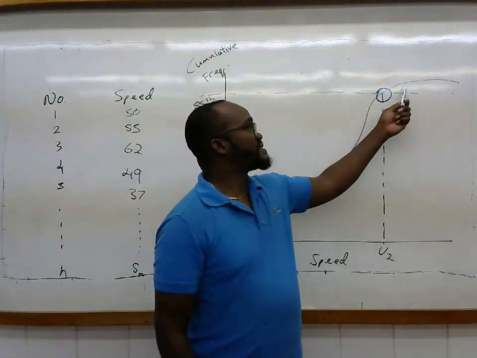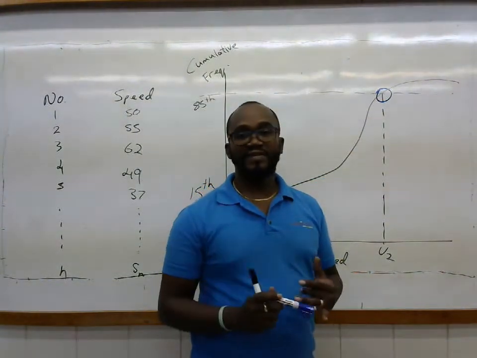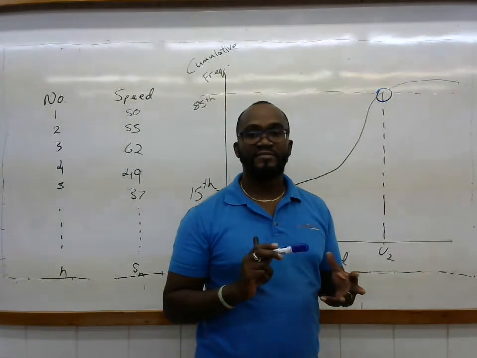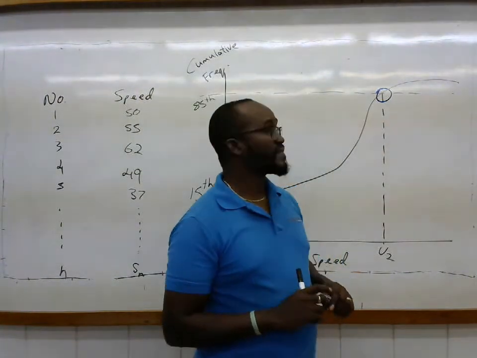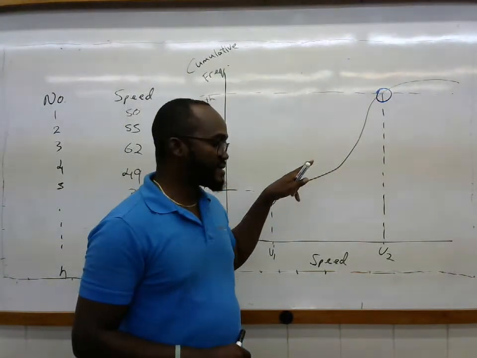And the only means to address those would be in the form of law enforcement, whether speed guns, enforcement cameras, etc. So that traditionally has been the way speed limits have been set.